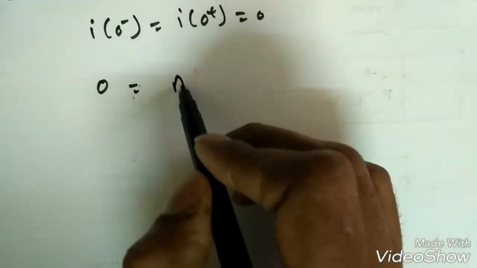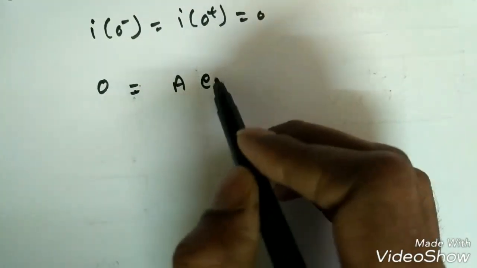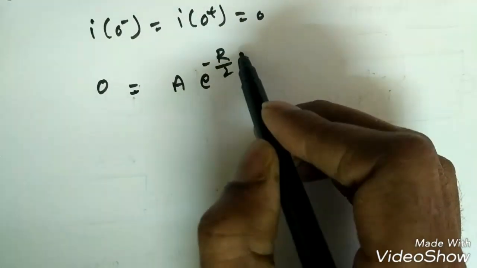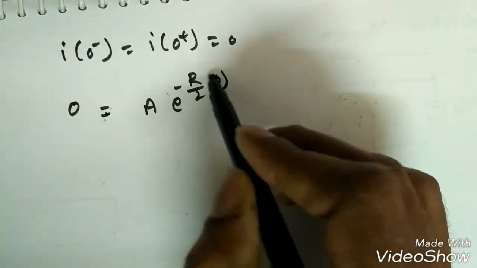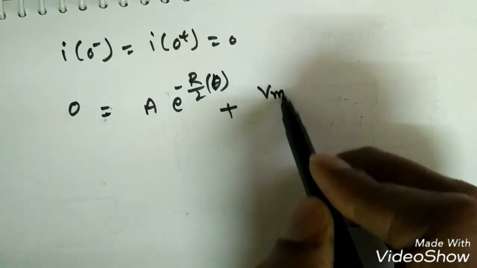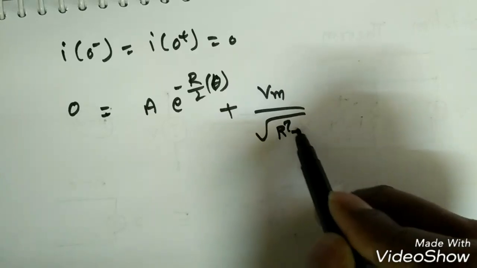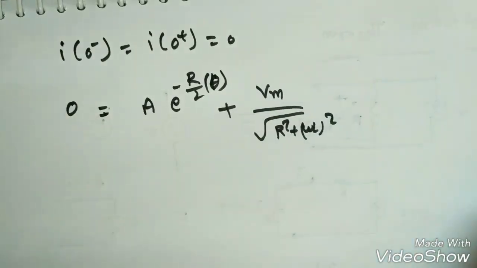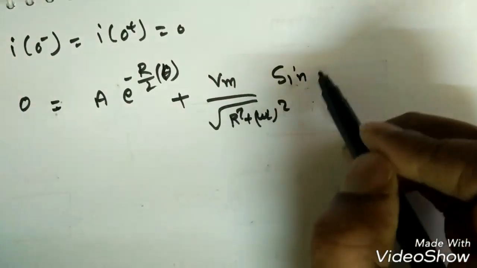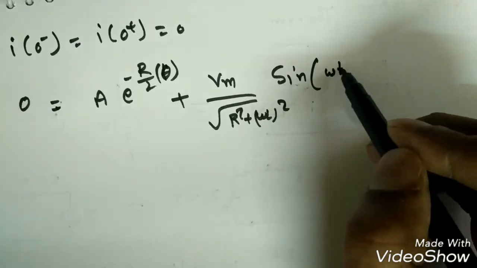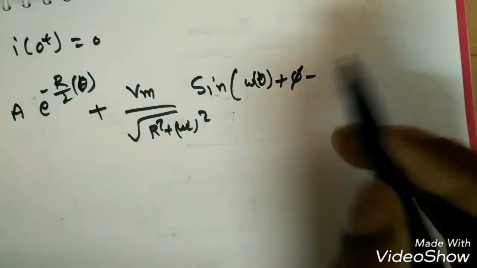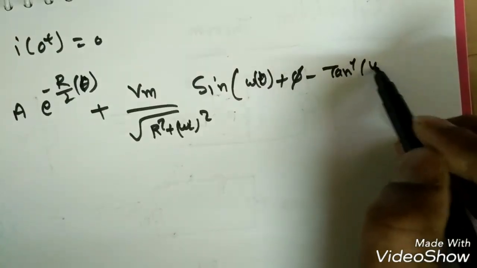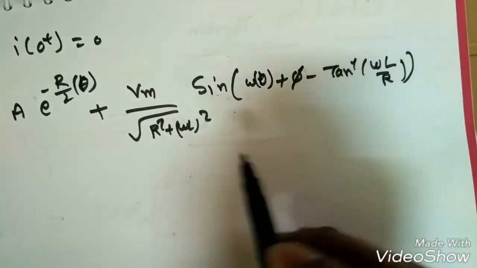If I substitute in the previous expression, 0 is equal to A into e power minus R by L into t, right? t equal to 0 means it will become 1, plus Vm by square root of R square plus omega L whole square sine of omega t, so omega t means 0, plus pi minus tan inverse omega L by R, right?